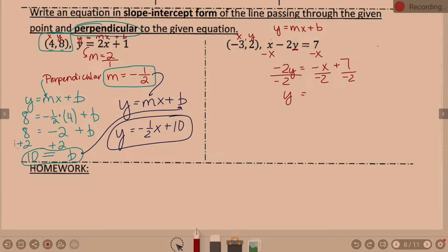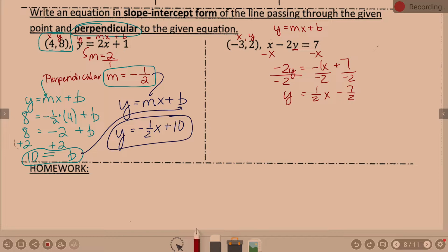Negative x divided by negative 2. Think of that as 1 over 2 because there's an invisible 1. So it's 1 over. I'm going to leave it as 1 over 2. What's negative divided by negative? Positive. So I'm going to call this 1/2 x. 7 divided by negative 2, it doesn't really matter. I'm just going to leave it as the minus 7/2.